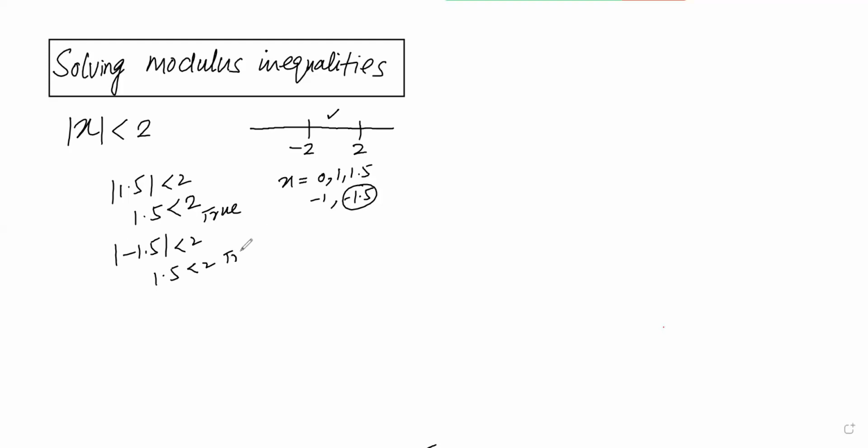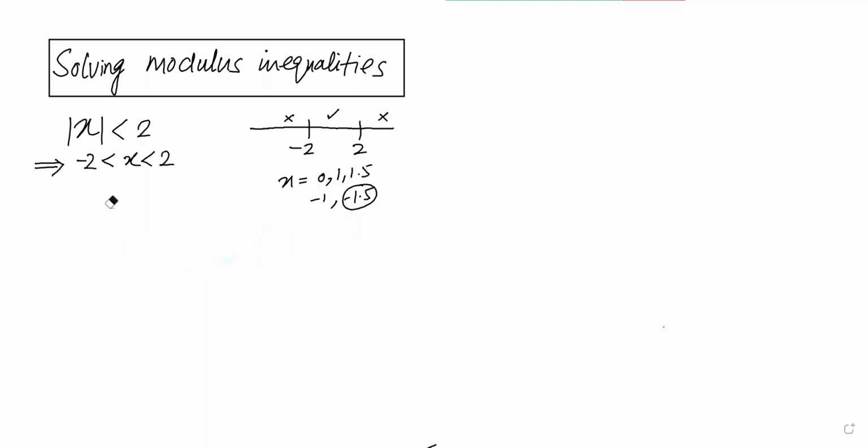So I can write that if modulus of x is less than 2, this implies that x is greater than -2 and less than 2. The numbers in the left and the right part will not satisfy this inequality. This was a simple example.